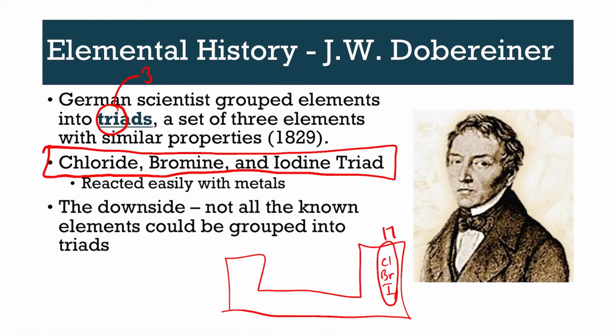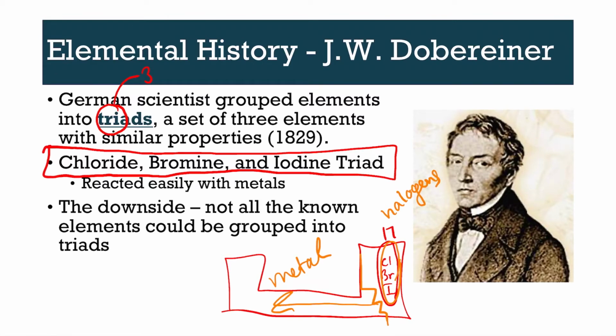What you notice is that all of these elements reacted very easily with metals. We're going to talk about how we know which are metals and which are not. There's this staircase that you'll see, kind of a bold line. Again, we're going to speak about this later, but anything on this side of the staircase is a metal. The elements in group 17, which we'll learn in the next video, are called halogens.